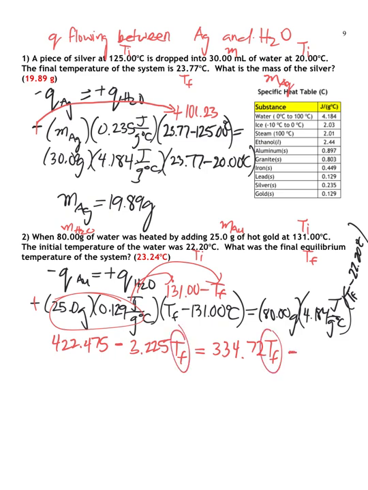You really want to make sure you track your math. And so now I'm going to multiply that times 22.2, and that will give me my constant, which is 7,430.784.